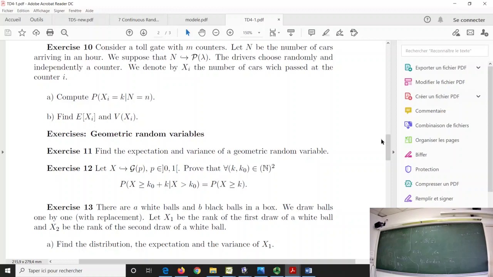So what would be the distribution of this one? You have the sum of n independent Bernoulli of parameter 1 over m. So you have a binomial of parameter n, 1 over m.